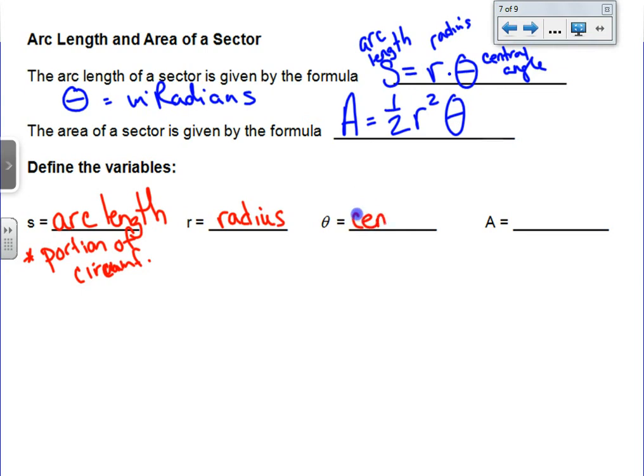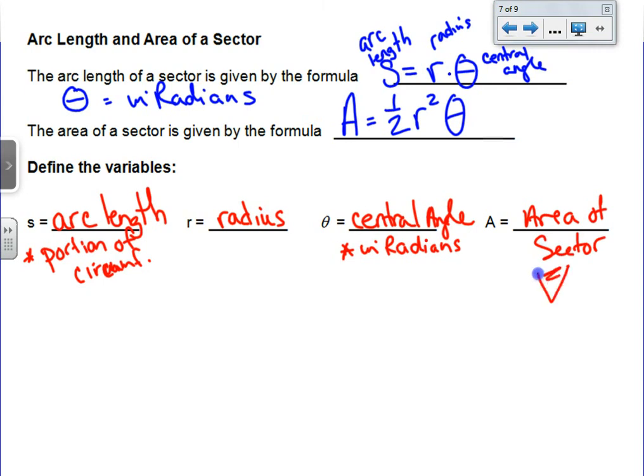Theta is our central angle. And what did we say about theta? It has to be in radians. Yes. And then A, of course, stands for area of sector. So area of a sector would be like a piece of pie.